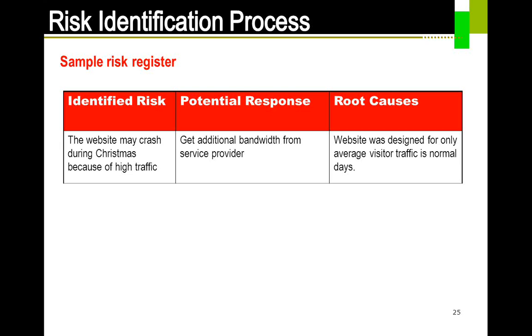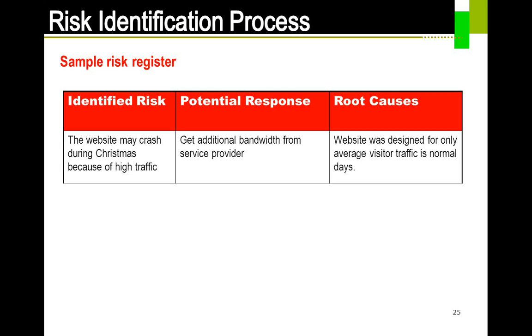To give an example here, you have identified a risk which says that the website you have developed may crash during Christmas because of high traffic. Let's say you have an online shopping website, and especially during Christmas a lot of people would come and buy products, and instead of accommodating, say, 1,000 users, you suddenly need to accommodate 10,000 users.